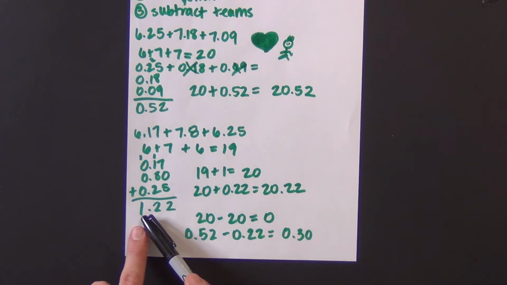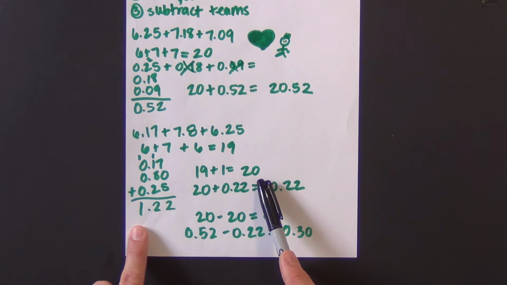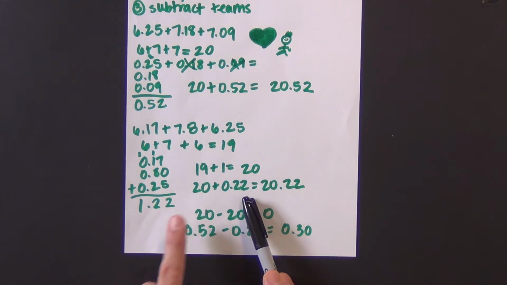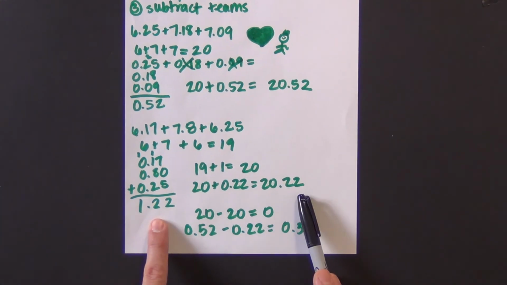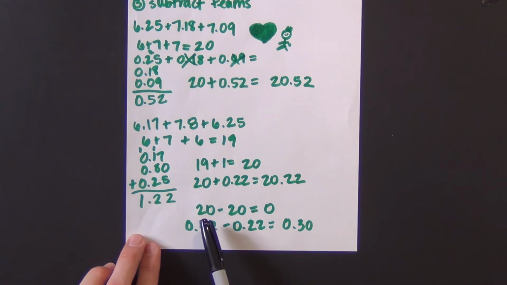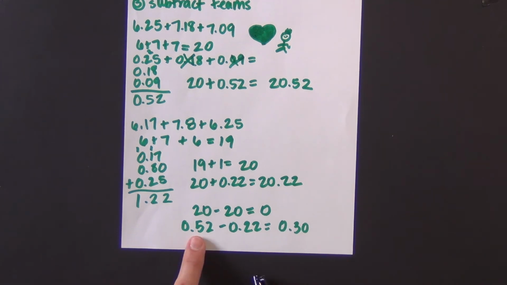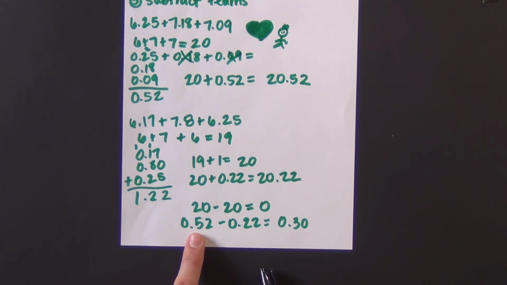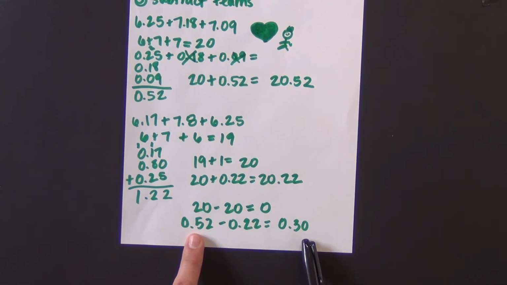Again, he decomposes: 1 and 19 is 20, and then now he has 20 and the 22 hundredths from this part to get 20 and 22 hundredths. Now he's going to subtract: 20 minus 20 is 0, and he then takes the decimal parts. 52 hundredths minus 22 hundredths is equal to 30 hundredths.